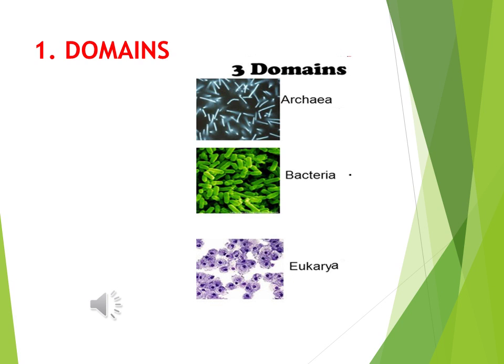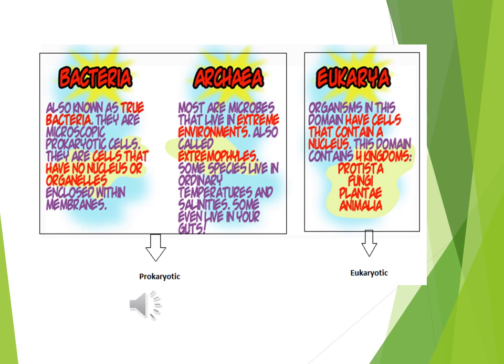There are 3 domains: archaea, bacteria, and eukarya. The bacteria and archaea domains are organisms with prokaryotic cells, and the eukarya domain is related to eukaryotic cells. So prokaryotic are bacteria and archaea. The bacteria are also known as true bacteria.